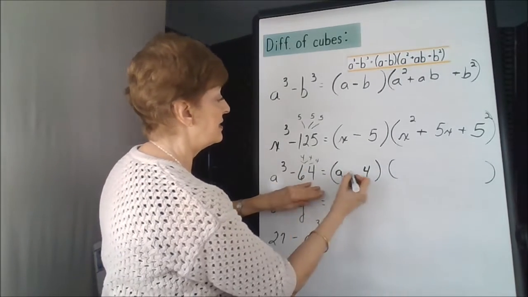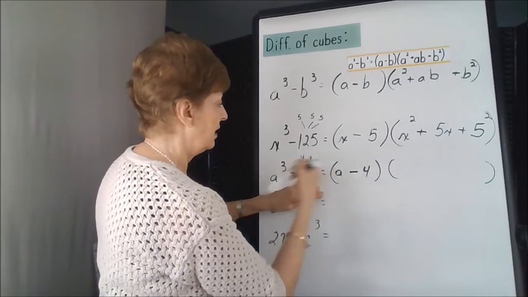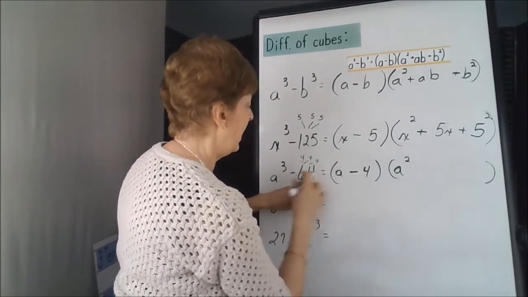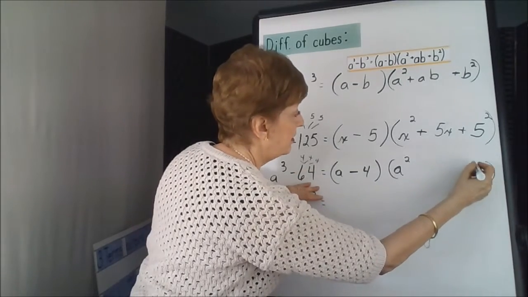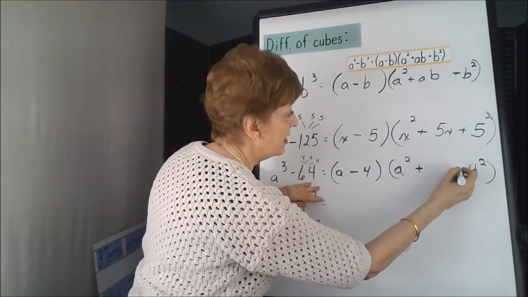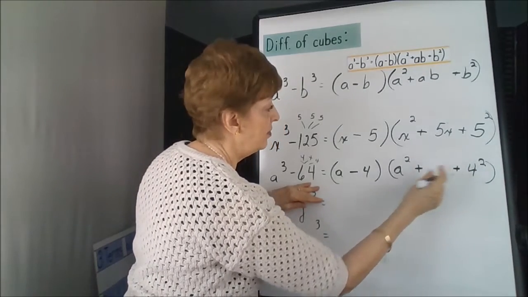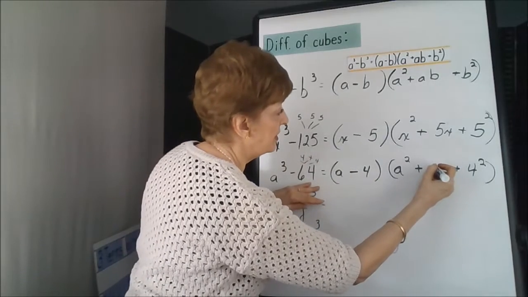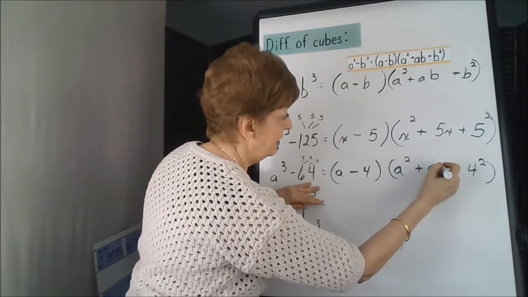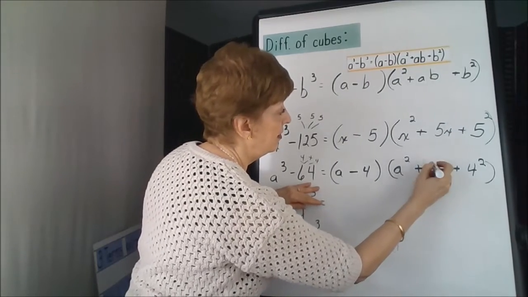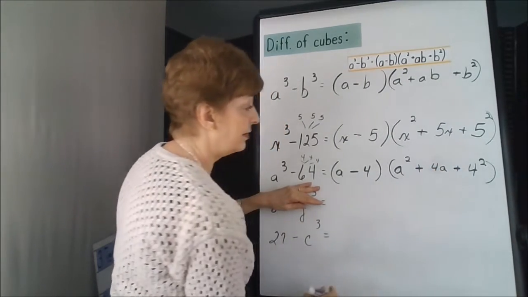The sign is the same as what you see. Then the A squared goes here, and the 4 squared goes to the back. These are positive symbols, and then one A and one of the 4s goes in the middle, a 4, which you probably would see as 4a. Doesn't matter.